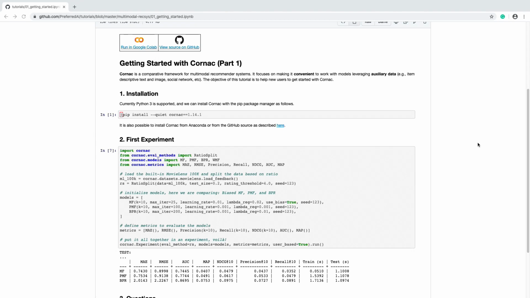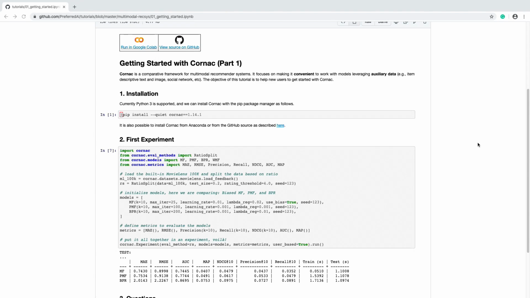So for this first experiment, we are comparing 3 models. As I mentioned, we first need to load the data, here the MovieLens 100K, a very popular dataset for comparing and evaluating recommender systems. And here we choose 3 models.